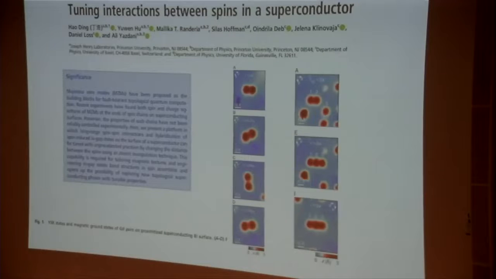Or for example, here in Ari Yazdani's lab, one can study the dependence when you grow these chains on the orientation, the distance between the atoms and so forth. So there's a lot of tunability available.